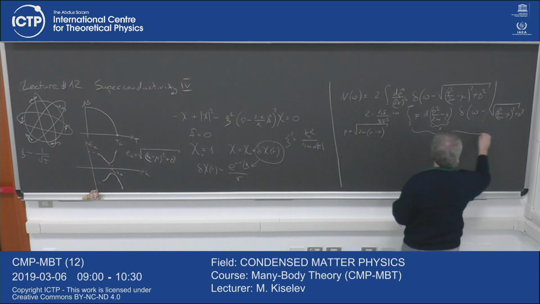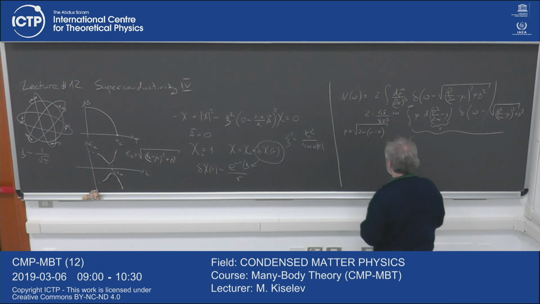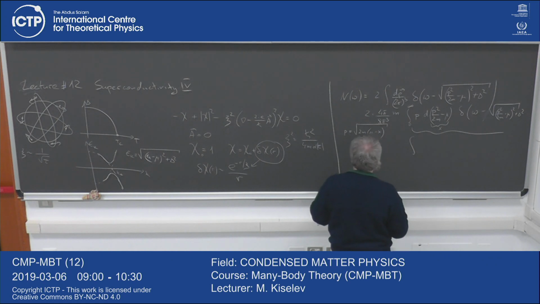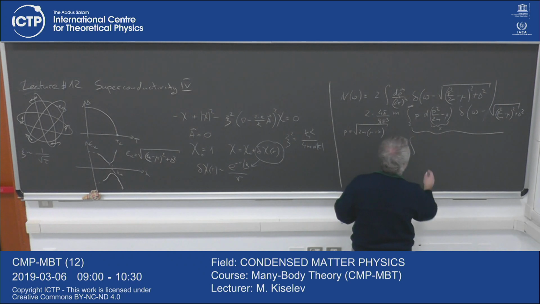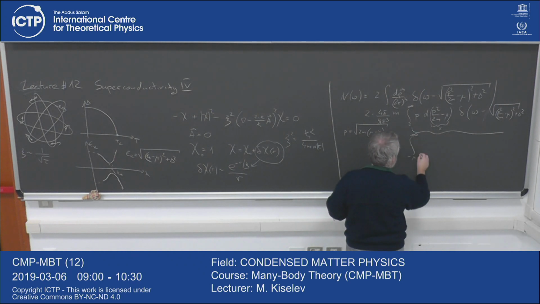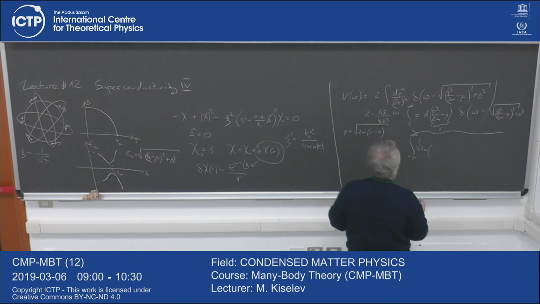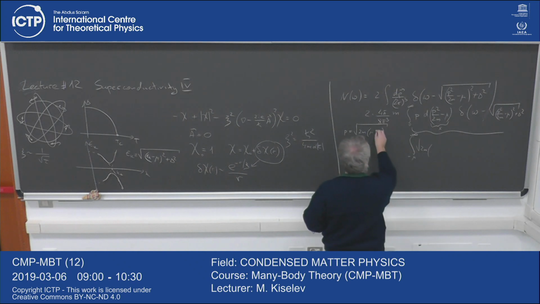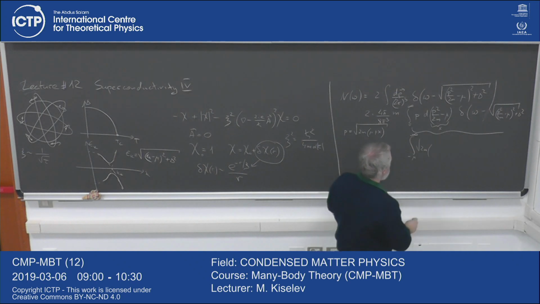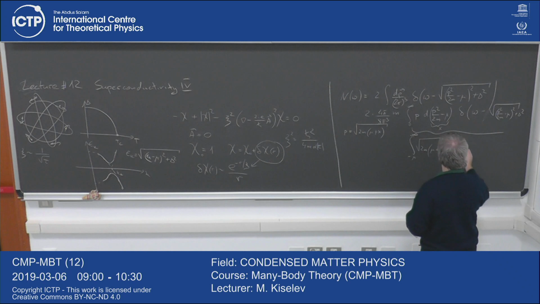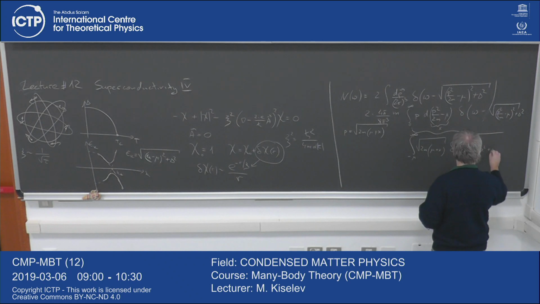And this integral is the integral from x = minus mu, which corresponds to p equal to 0, to infinity, of square root of 2m (mu plus x), and the delta function omega minus square root of x squared plus delta squared.